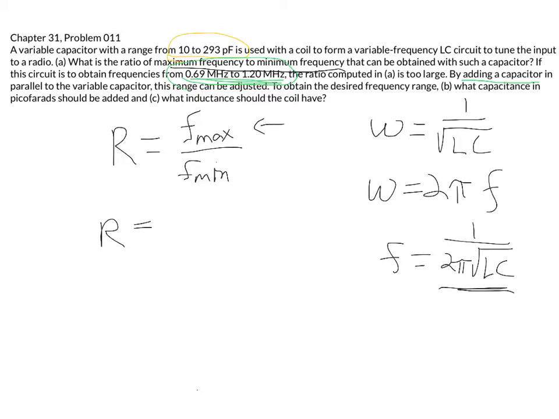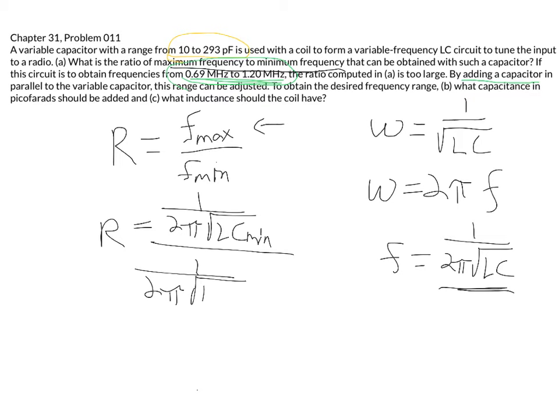So you could rewrite this as R equals 1 over 2 pi times the square root of L times C min, divided by 1 over 2 pi times the square root of L times C max. So we can do some reducing.